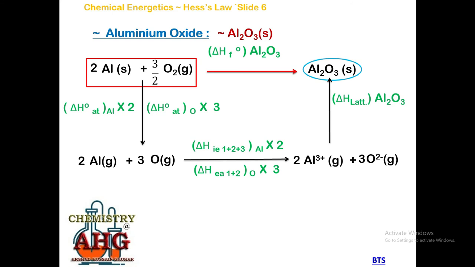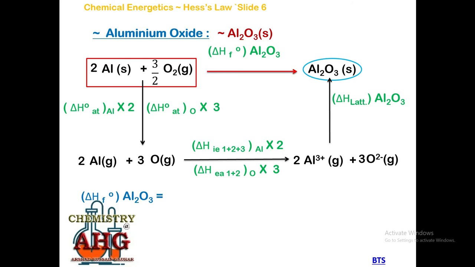So if we apply Hess's law, enthalpy change of the direct path is equal to the sum of enthalpy changes of the indirect path. So what is the direct path in this case? Direct path is standard enthalpy change of formation of aluminum oxide.